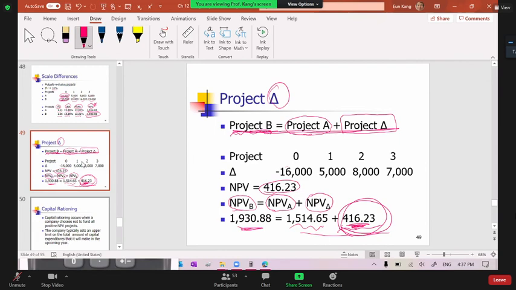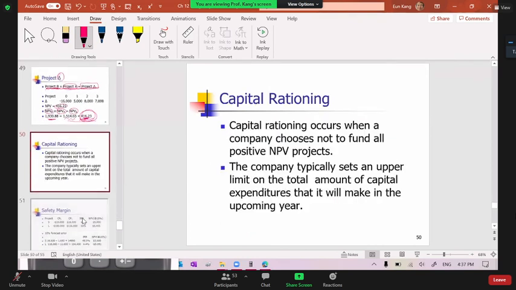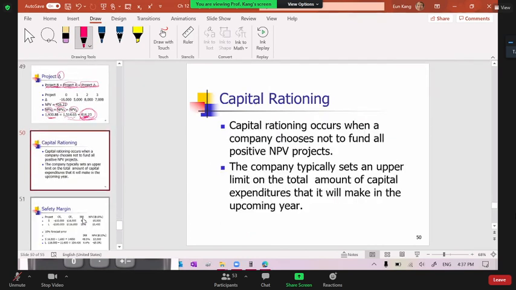We'll talk about that later. And one of them is capital rationing. Capital rationing is what? The net present value rule assumes that what? You don't have to worry about money, right? Money is there.